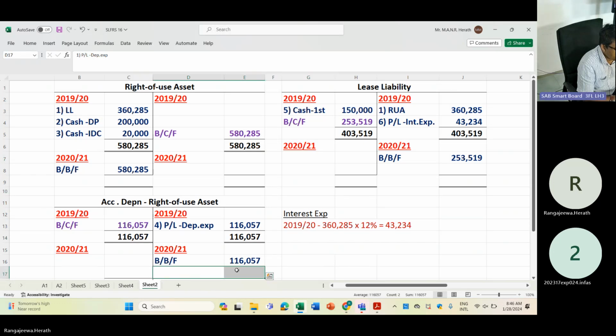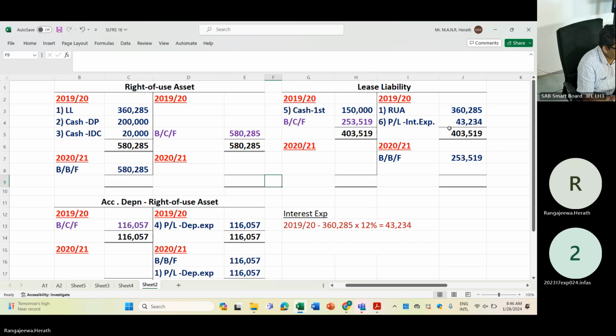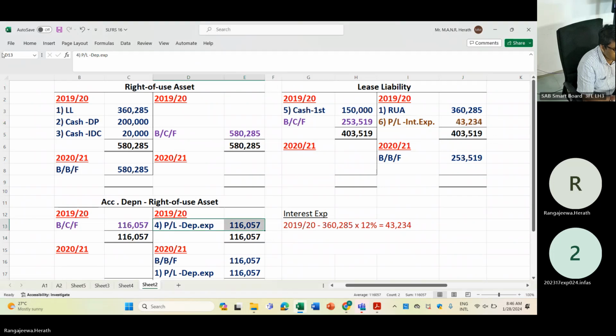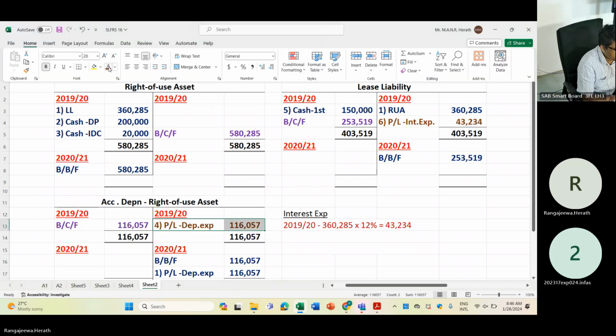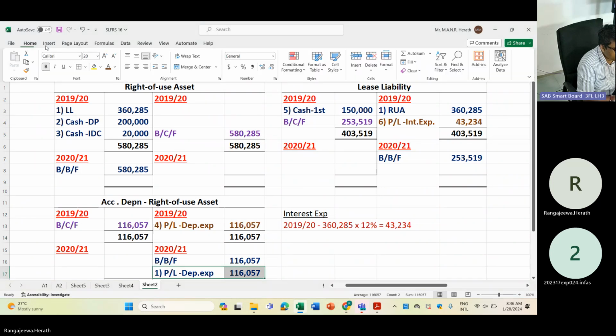Depreciation for the second year is charged to P&L, the same amount, 116,000.